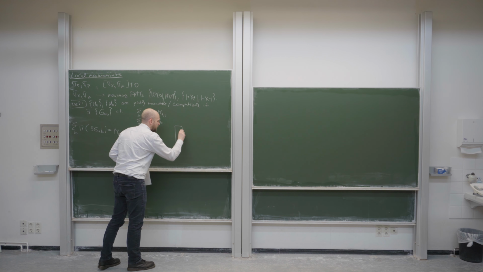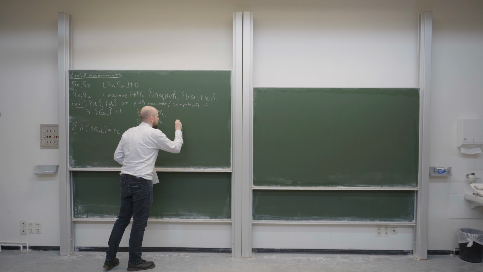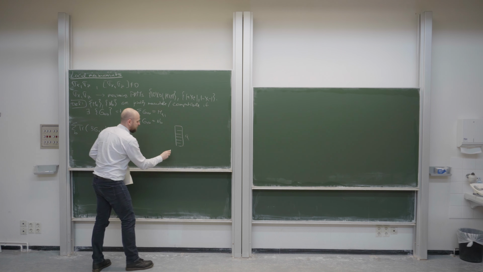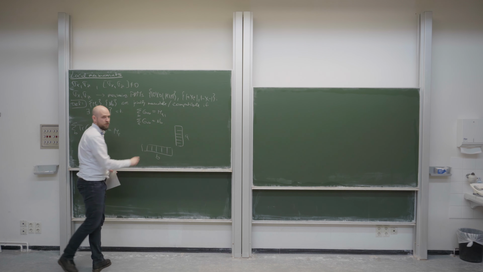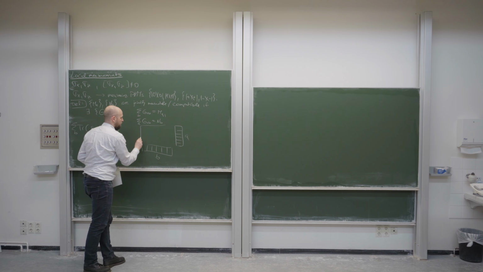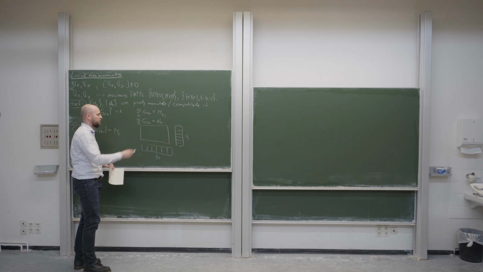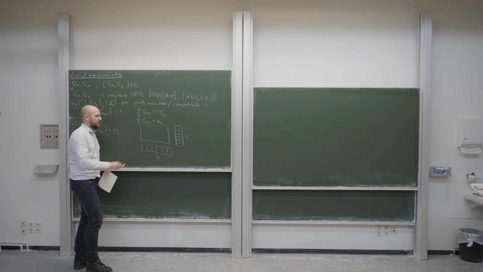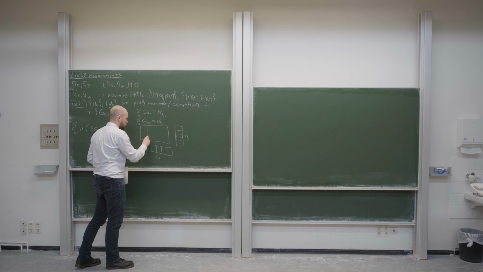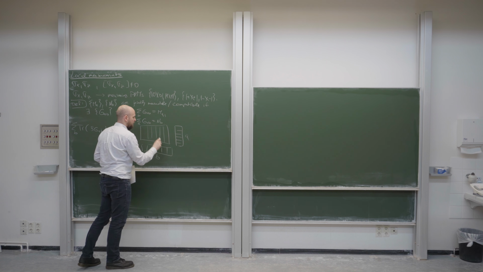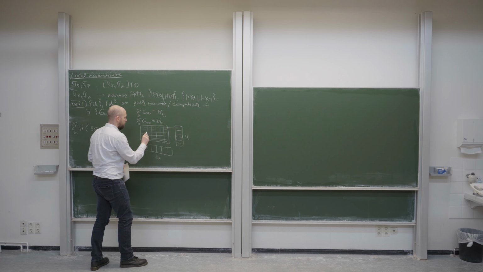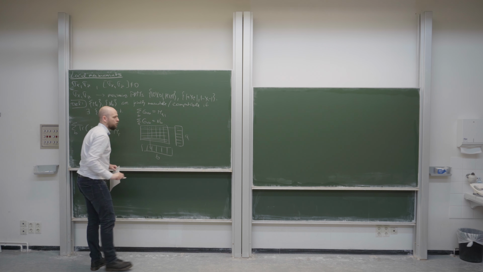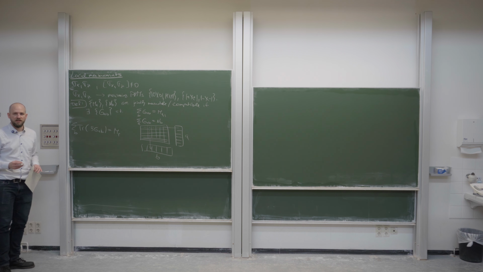So M_A gives me nothing else than a probability vector like this, and N_B gives me a probability vector that I am now drawing as a column. Then G gives you a probability matrix, because it has two indices, but again the sum of all the elements has to be equal to 1, and they have to be all positive, such that if I sum all of these things together I get this one, and if I sum all of these things together I get that one, for every value of A and B.